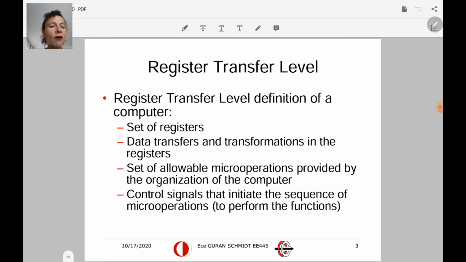And you also define the control signals that initiate the sequence of microoperations. We talked in the ASM lecture about, for example, a control signal that is enabled depending on the state signal and some conditional input, and then we were, for example, parallel loading a register in that clock pulse.